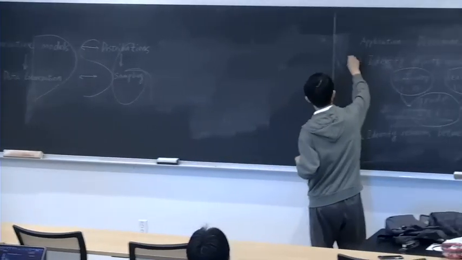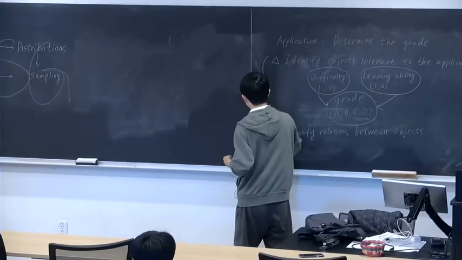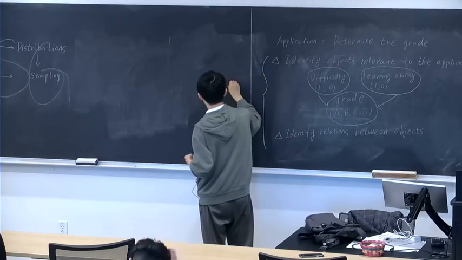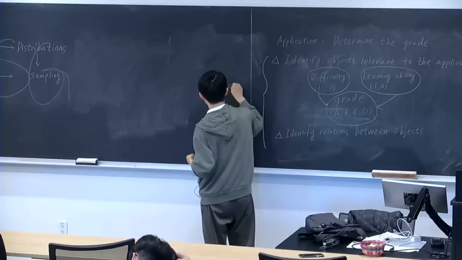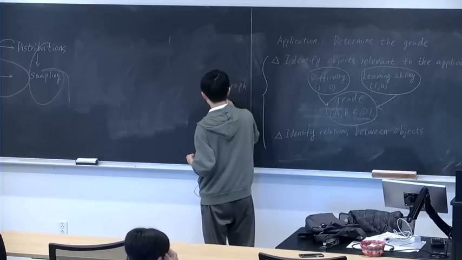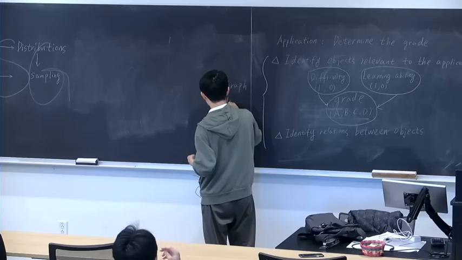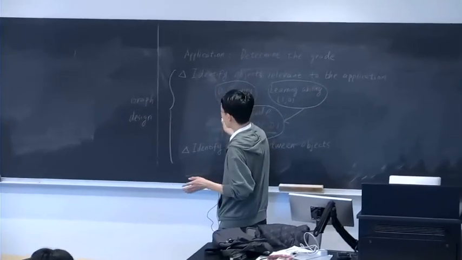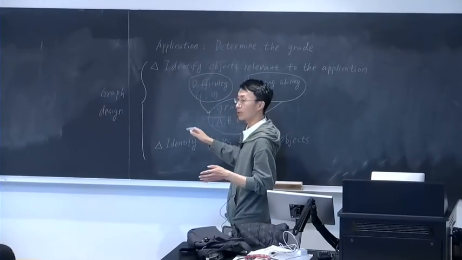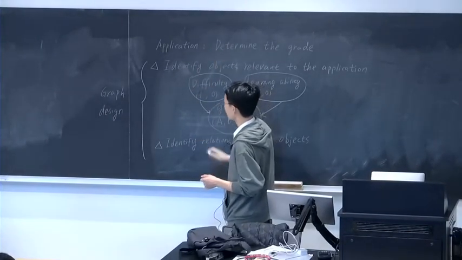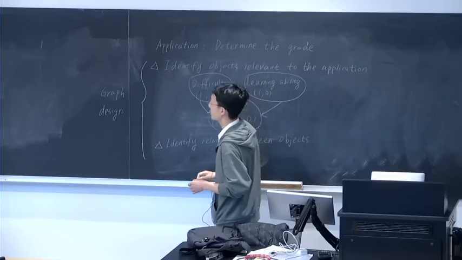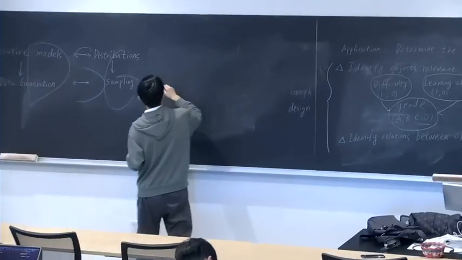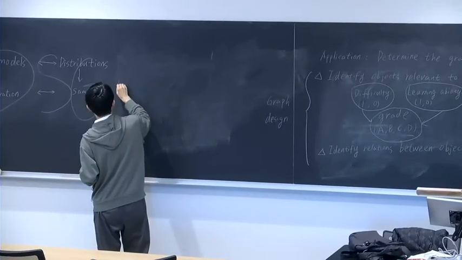So this first part is about graph design, right? We first design this graph. This graph basically encodes our domain knowledge about this application, including the objects and the relations. After we have this graph, the next step is to define the distribution.